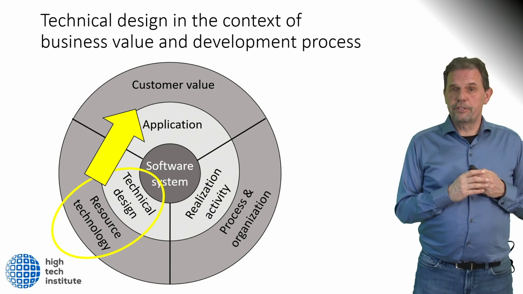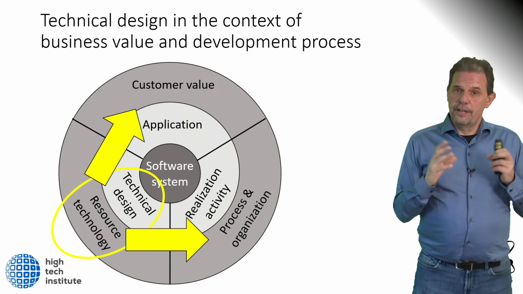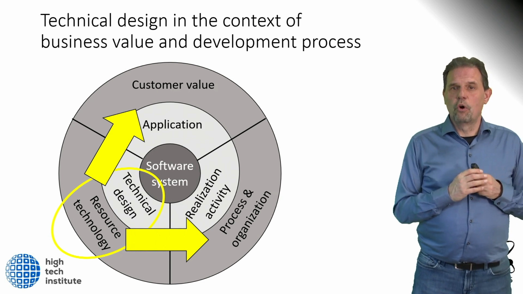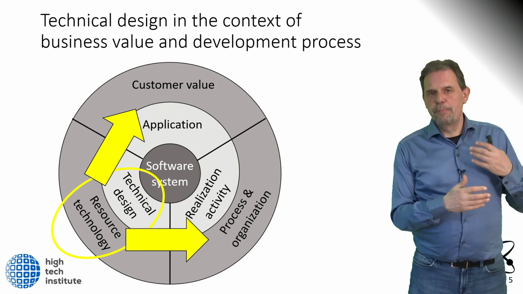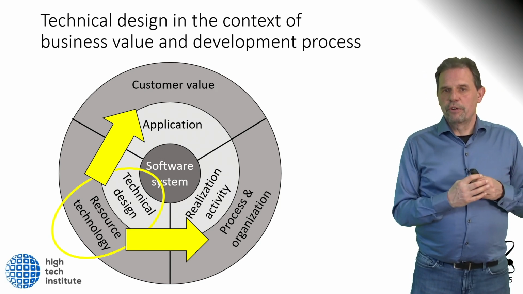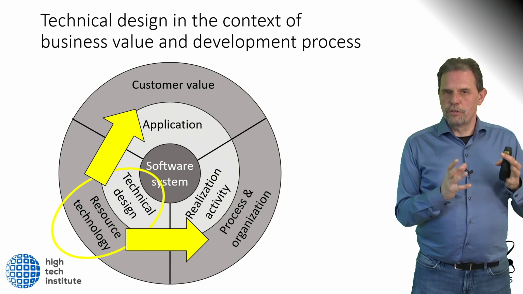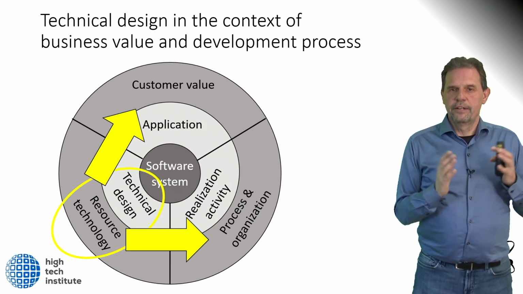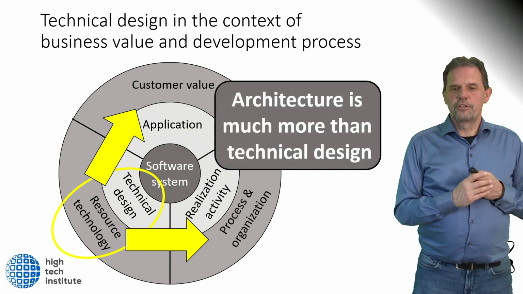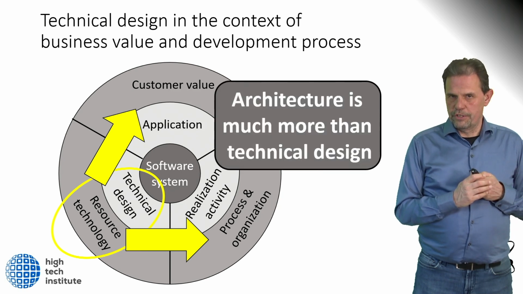The other aspect is that the technical design is put in the context of the whole development process. This can be the standards and the people and the way of working in the organization that you're working in as an architect. So architecting, as you will see during this course, is a lot more than just technical design.